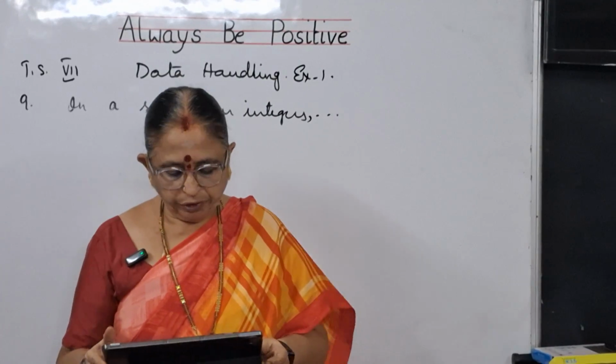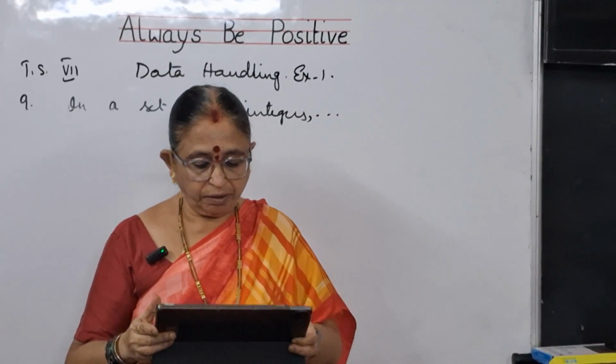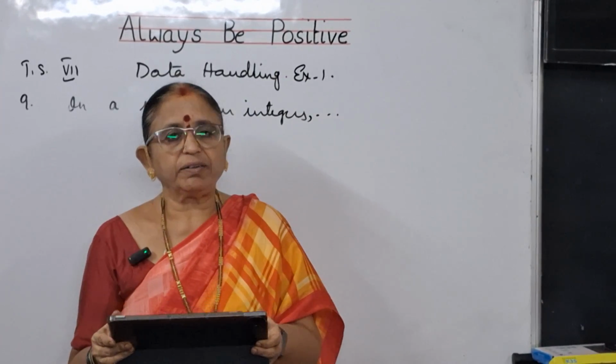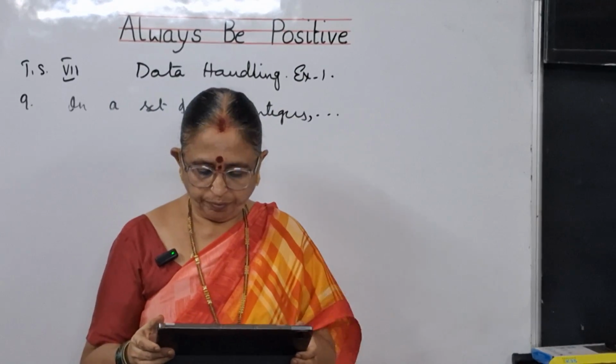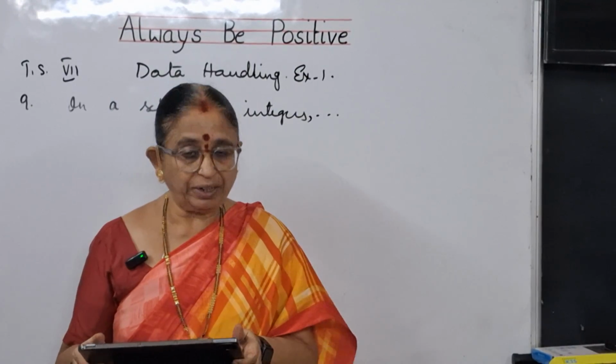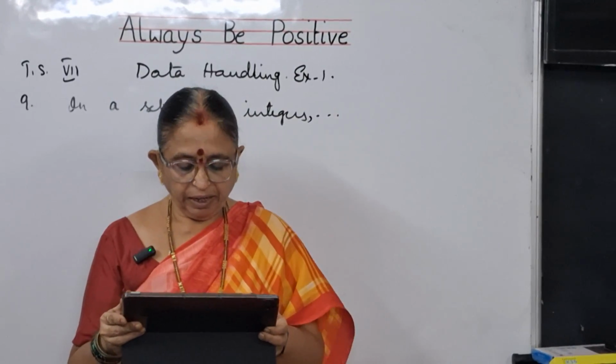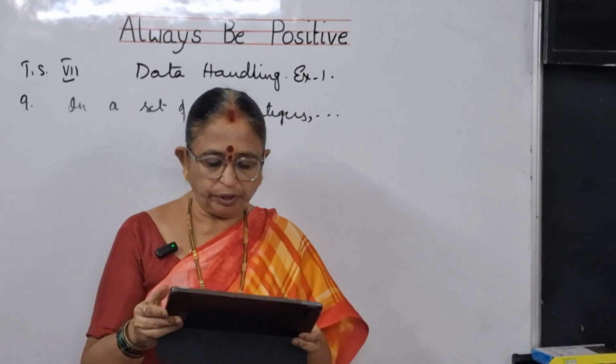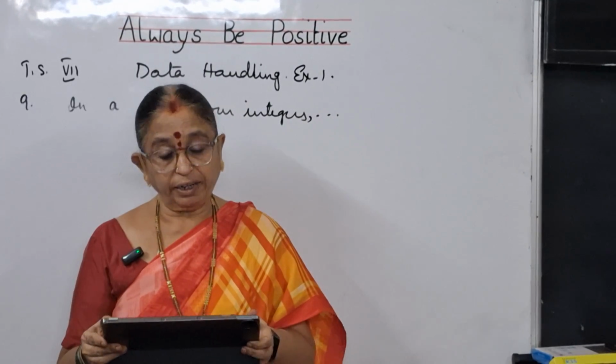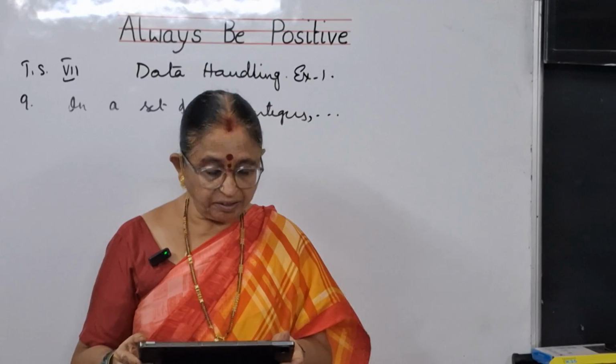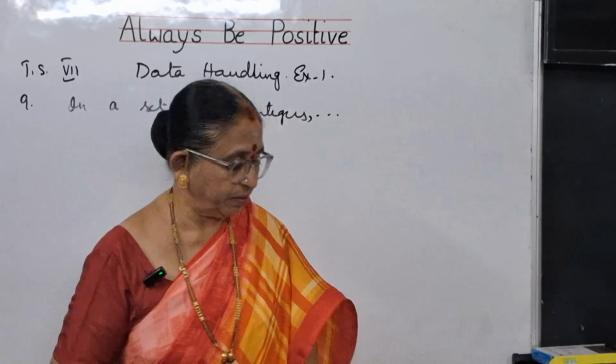In a set of 4 integers, the average of the 2 smallest integers is 102. The average of the 3 smallest integers is 103. The average of all 4 integers is 104. What is the greatest of these integers?